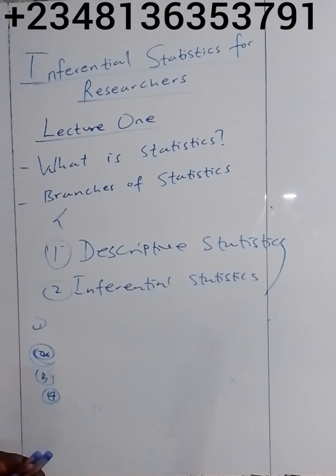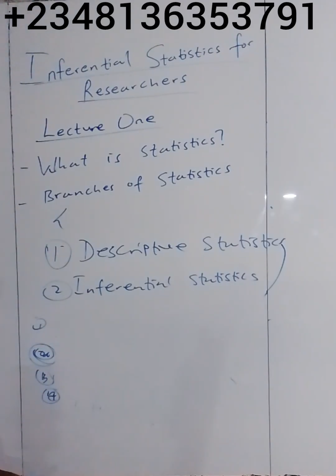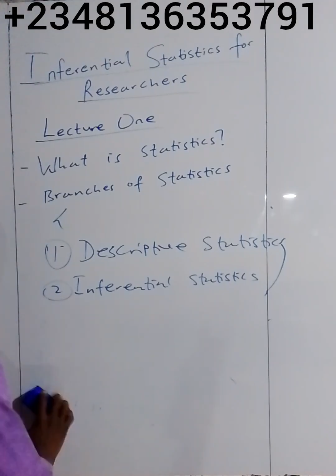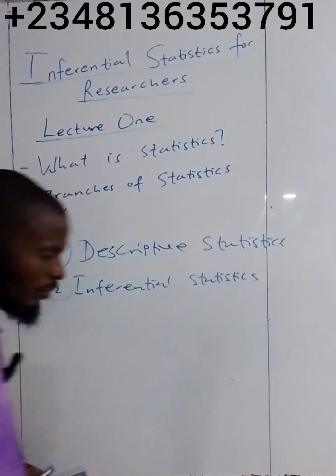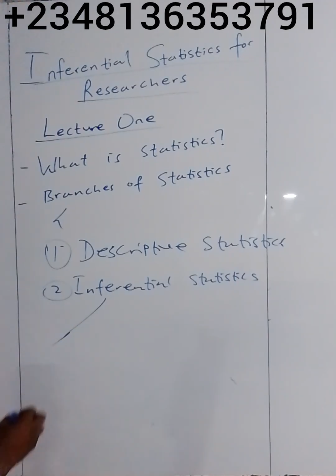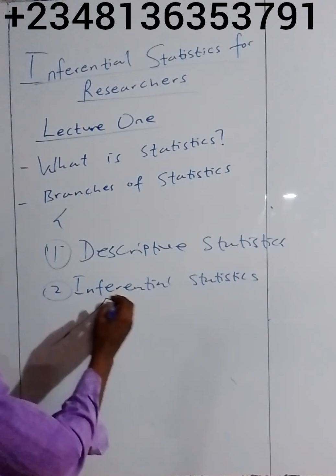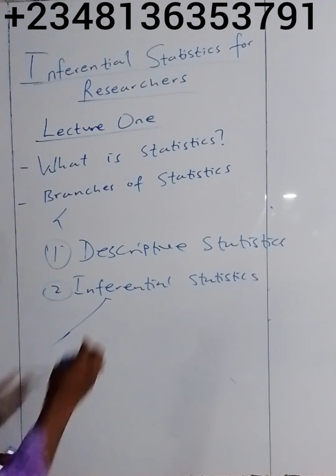The second branch of statistics is what we call inferential statistics. This is different from descriptive statistics in the sense that in inferential statistics, we try to draw conclusions about the population based on the sample information we have.